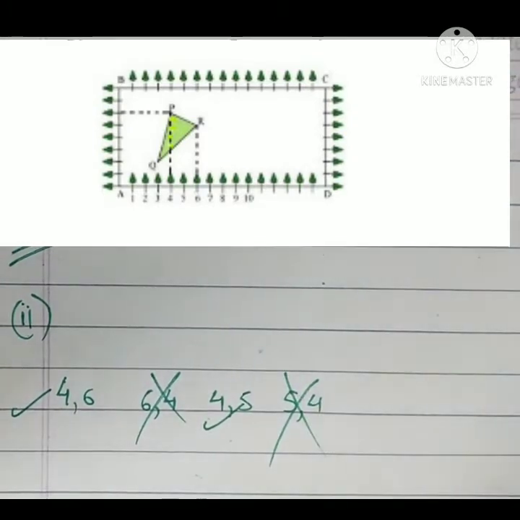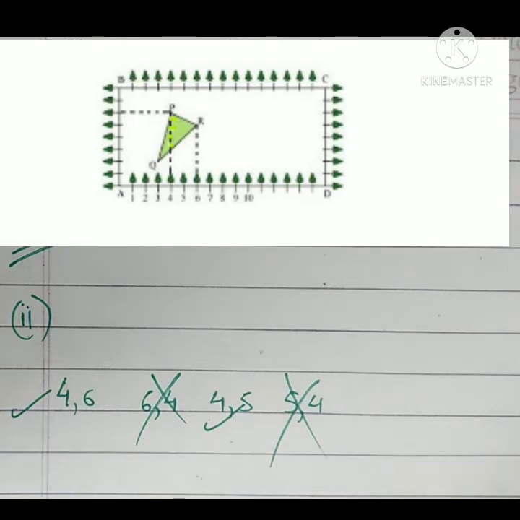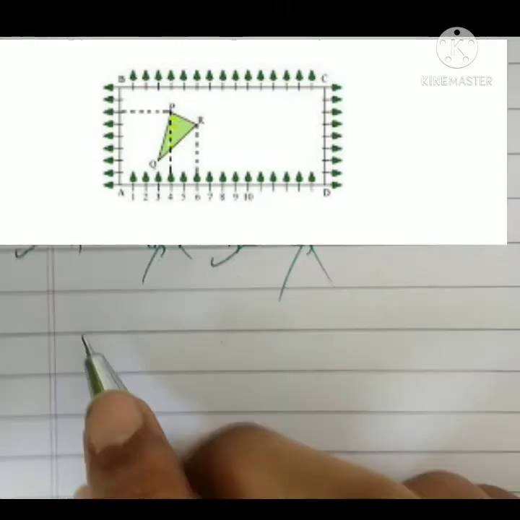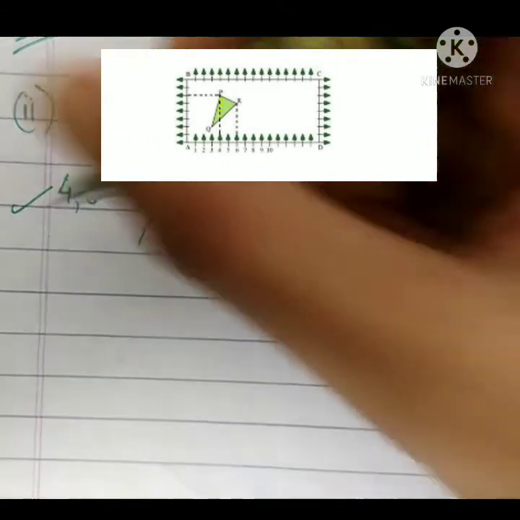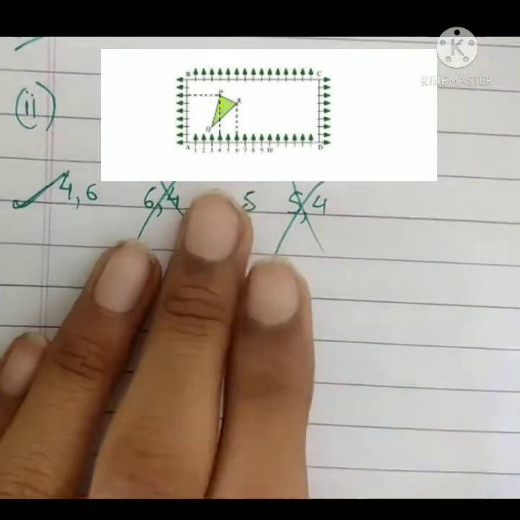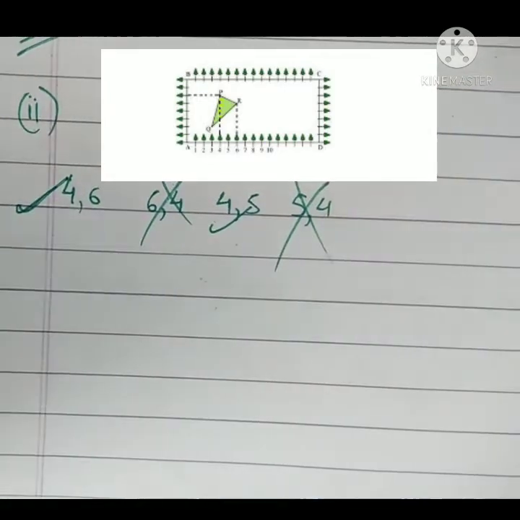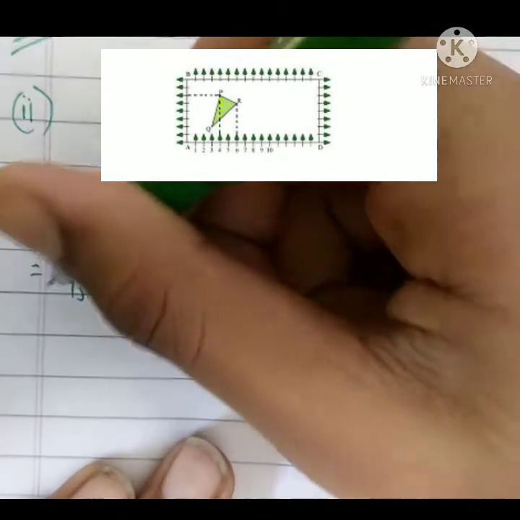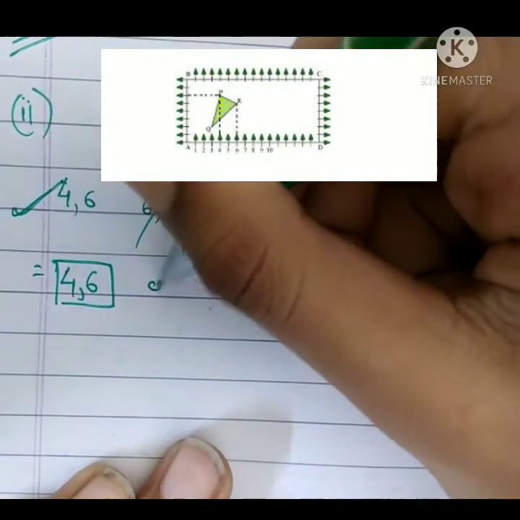Now if you count the trees planted here, it would be 0, 1, 2, 3, 4, 5, 6, so it should be 6. If you look at this as a graph, the point would be 4, 6. Obviously 6 is not equal to 5. So option A, 4, 6, is our answer.